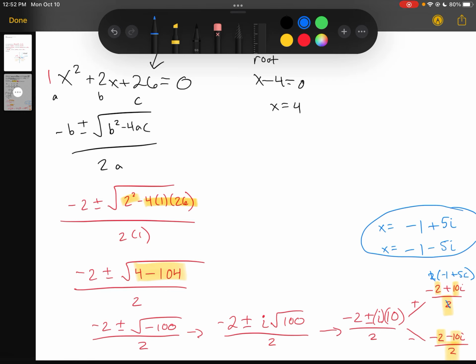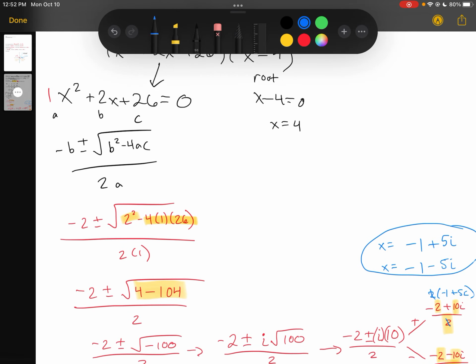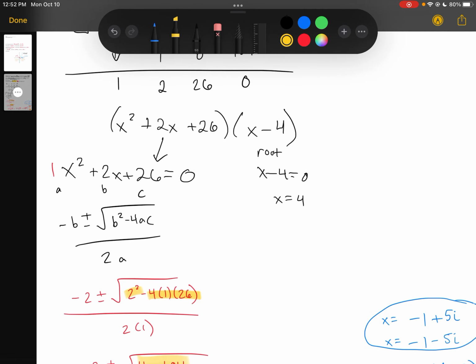So if we were to write out our full factored form of this, including imaginary roots, we would end up with the final answer of changing that in yellow over to instead our full factored form.